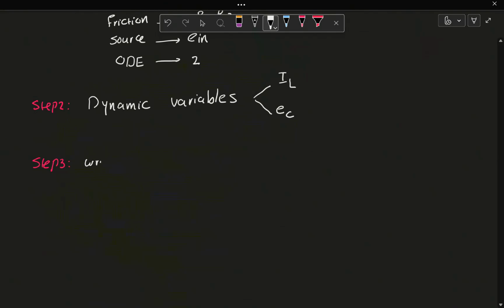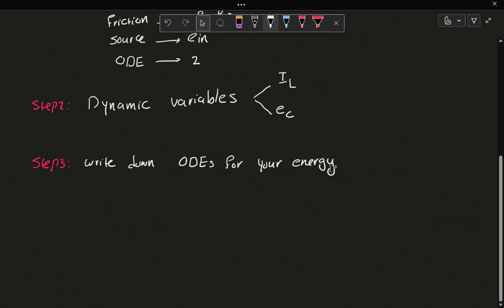So write down the ODEs for your energy storing elements.